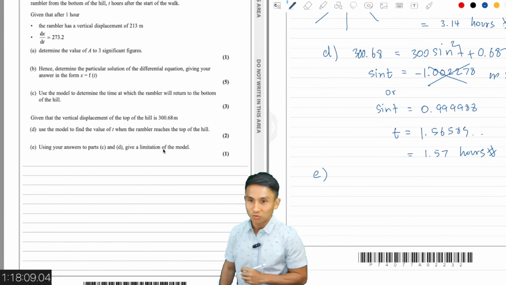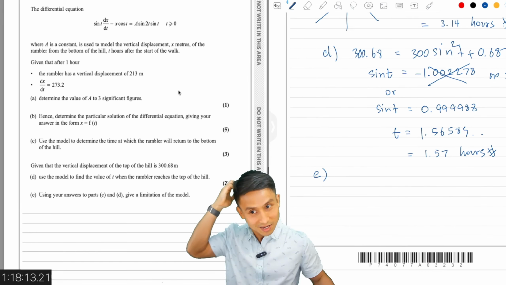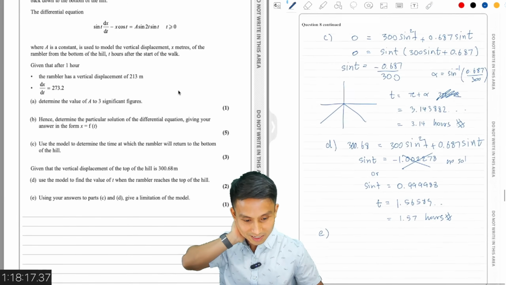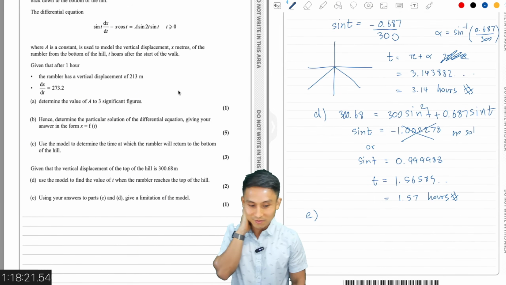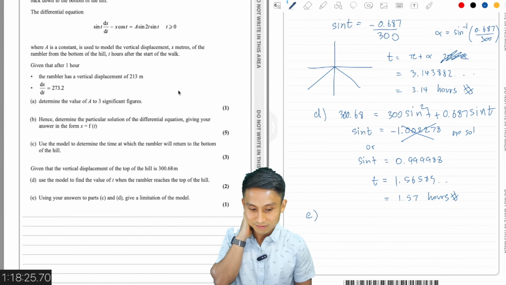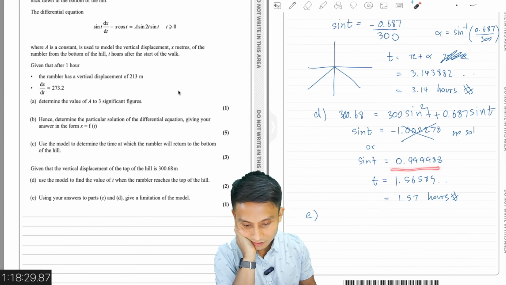Using your answer to part C and D, give a limitation of the model. So the bottom is at 3 hours, but the top is 1.57 hours. So you're reaching the top before the bottom. Interesting, right? Hang on. This one is close to 1.